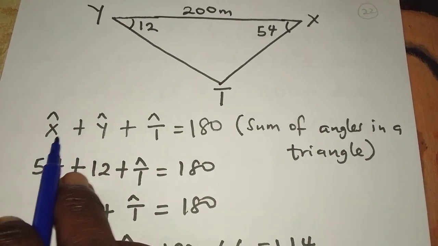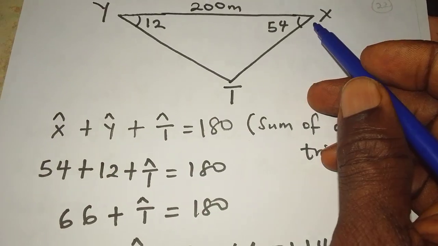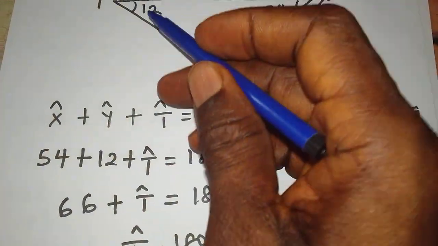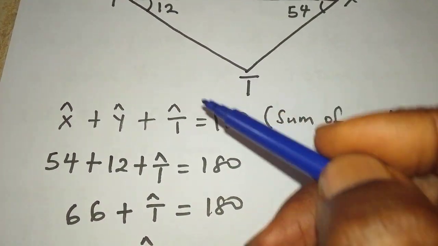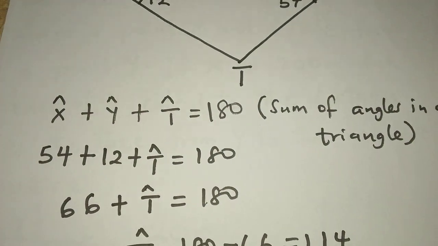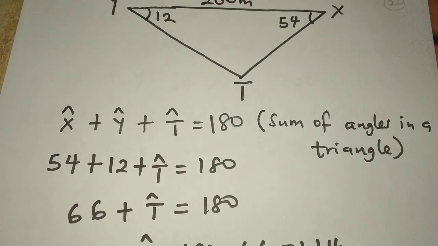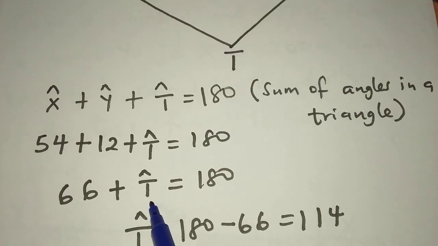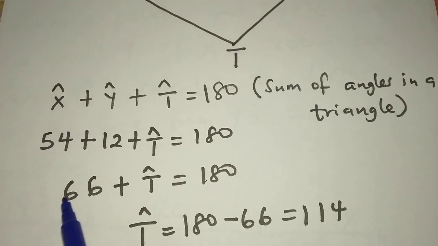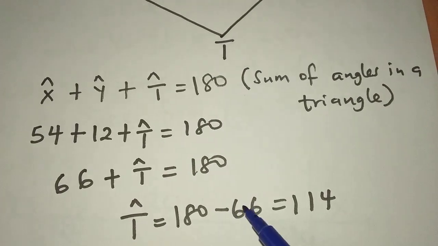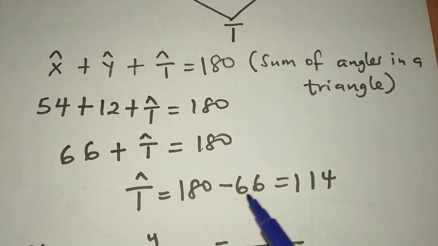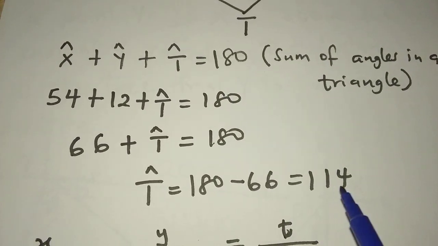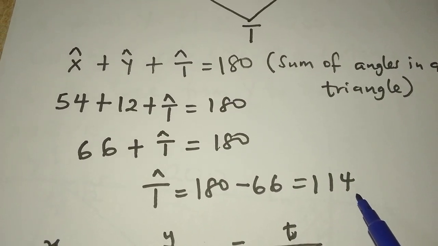So our X is 54 degrees, plus our Y is 12 degrees, plus angle T should be equal to 180 degrees. 54 plus 12 will give us 66, plus T is equal to 180. To get T, bring this 66 to this side. It will now be minus 66. 180 minus 66 will give us 114 degrees.